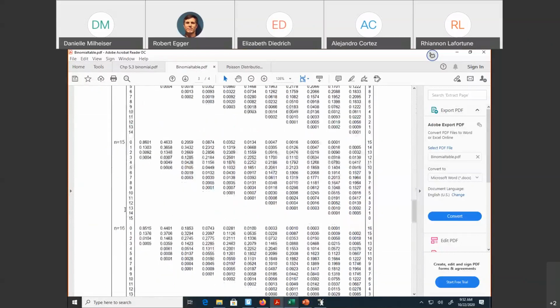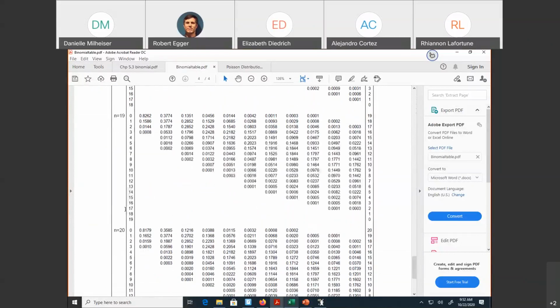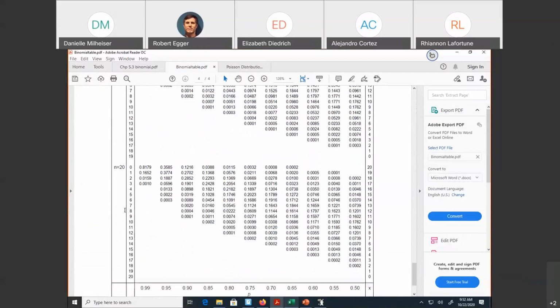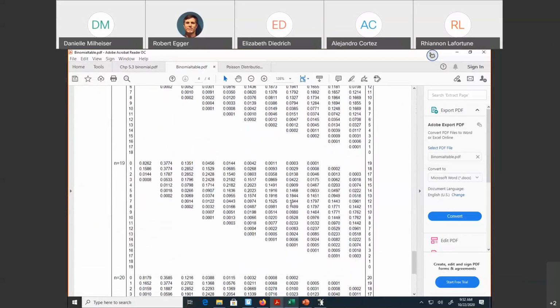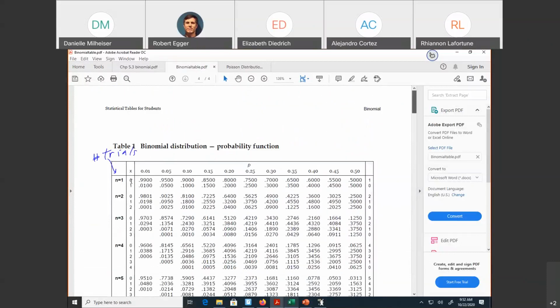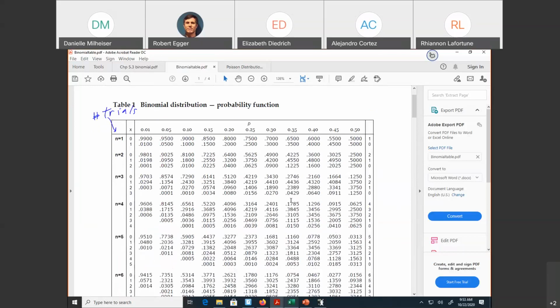As long as you don't go over 20, and your probability of success or failure is one of these values, yeah, you're good to go. If not, you either got a hand calculator or use technology.